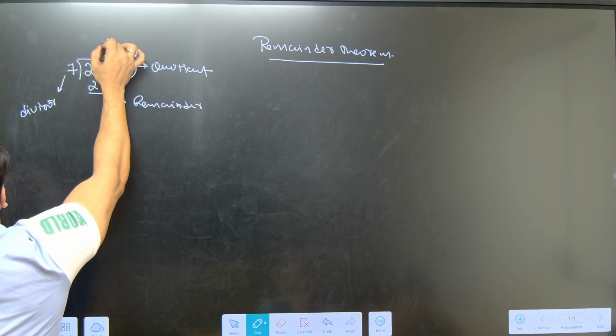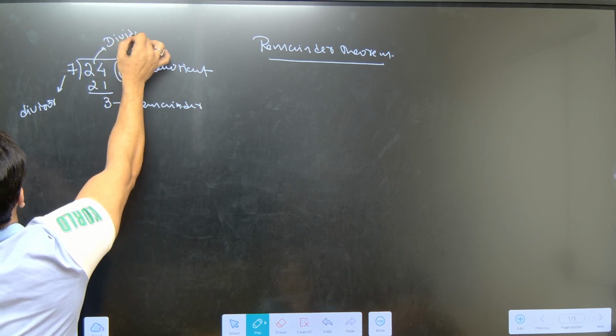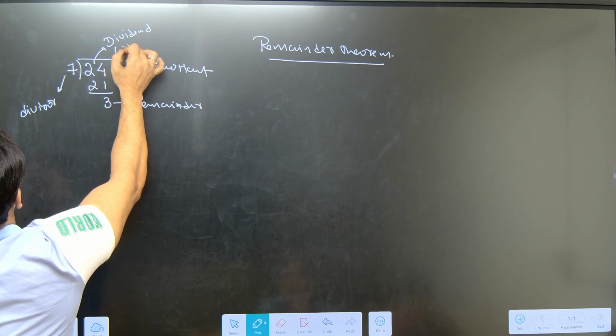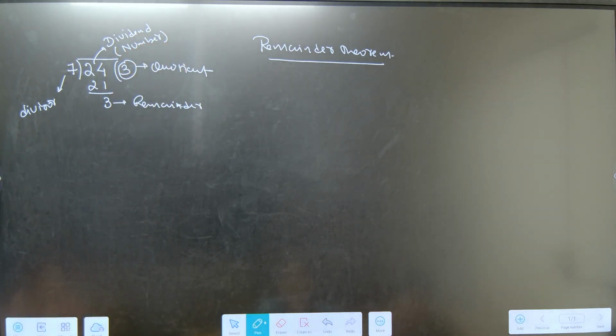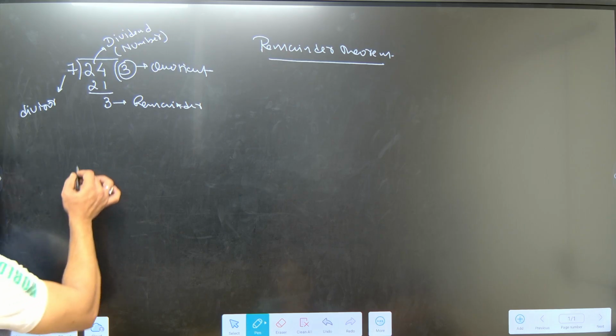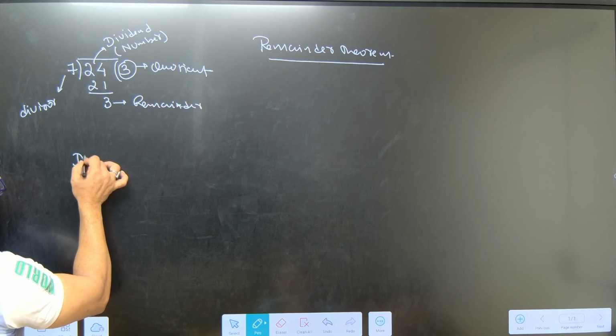This 24, either you call it dividend or simply call it number. So if I say a number when divided by 7 leaves a quotient 3 and remainder also 3, or I can mention it dividend. So how do we write dividend?